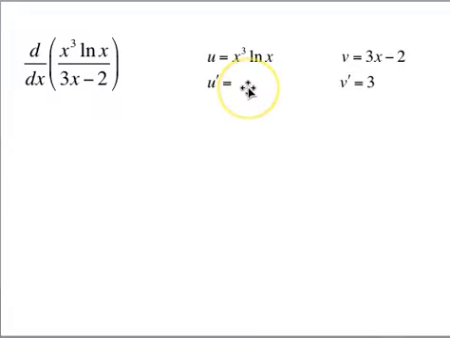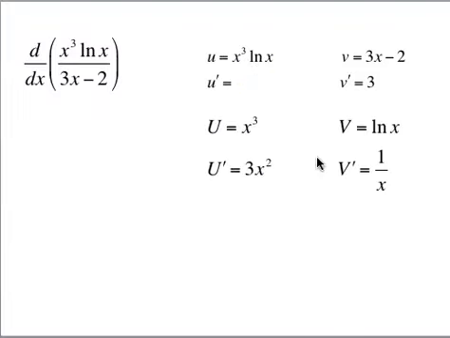But little u prime is going to require the product rule, because I have to take the derivative of x cubed log x. So to do this, we're going to go ahead and use a different u and v and use the product rule. Remember, the product rule is the derivative of u times v is u prime v plus uv prime. So I'm going to call capital U x cubed, and capital V log x to try to find the derivative of this. Capital U is x cubed, so capital U prime is 3x squared.